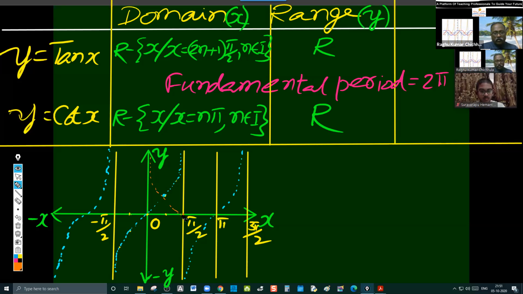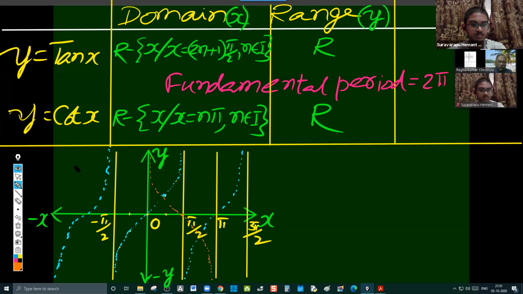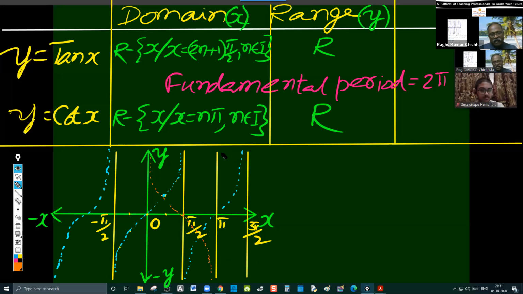Okay, so what happens? It will be just like this. Cot graph. You see? The mirror image. Similarly, what should be the second part? It goes like this. Very much parallel.